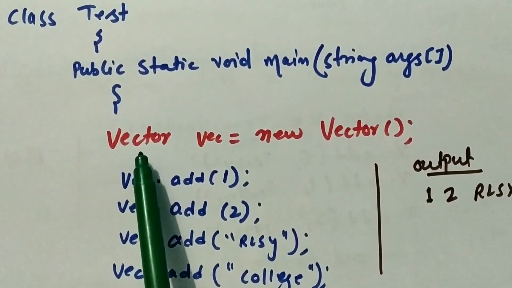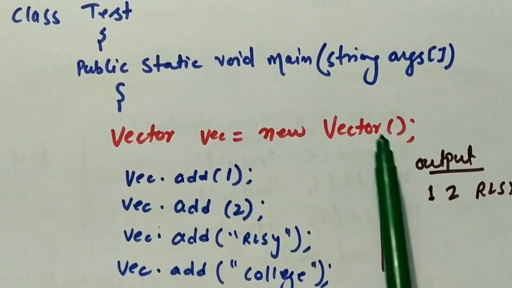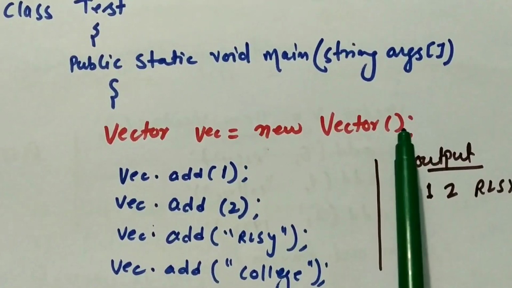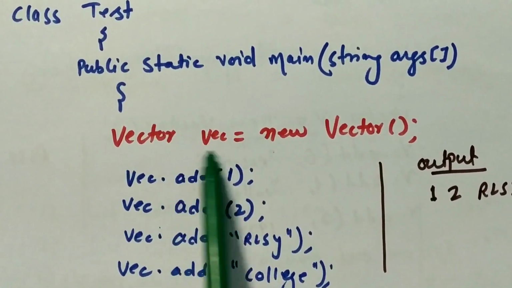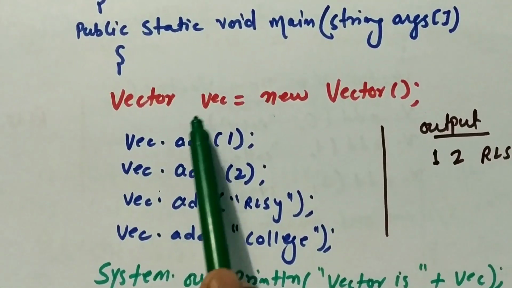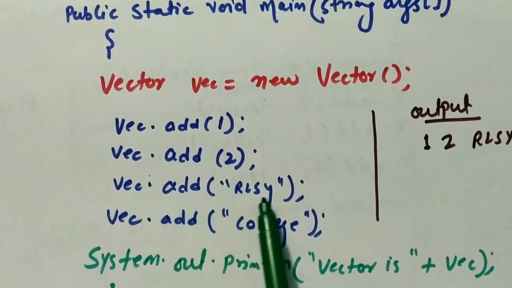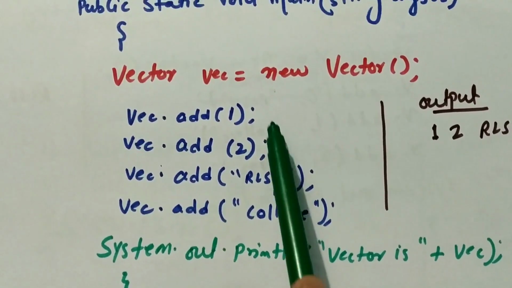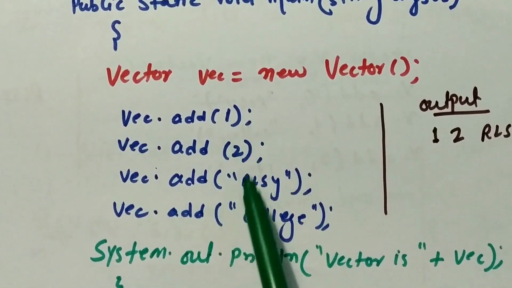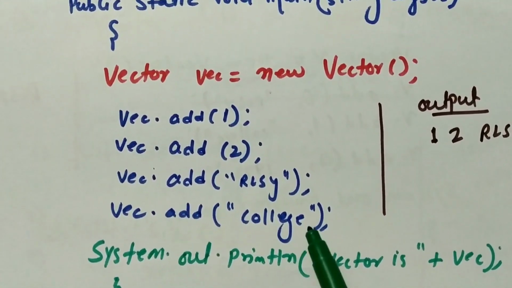Now this line describes the creation of a vector: vec, that is the object, equal to new Vector. Next line is vec.add, one of the methods: vec.add(1), vec.add(2), vec.add("RLSY"), vec.add("college"). So I have put four elements here. 1 and 2 are integers and the other two are strings.